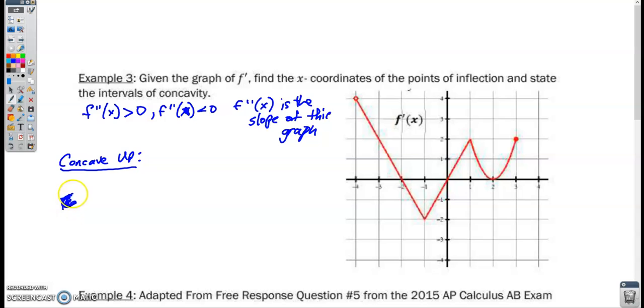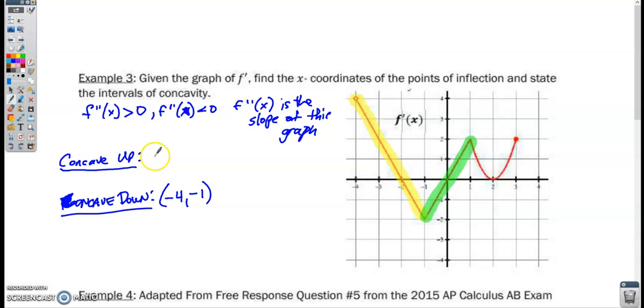I tried to write concave starting with the letter N. It's concave down. Okay, so we look at these pieces, and this first piece right here has the same slope all throughout, and that slope is negative, which means that the graph is going to be concave down on that interval, so concave down starting at -4 and going over to -1, at which point the graph changes slope from negative to positive, which means that on that interval, the graph of f is concave up.